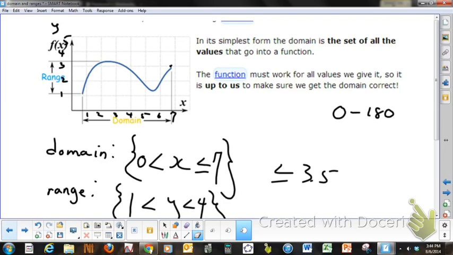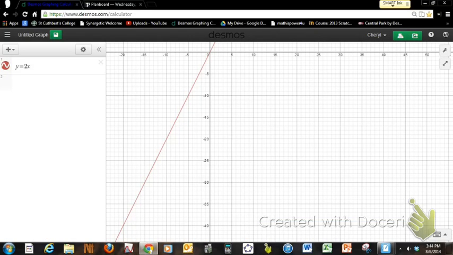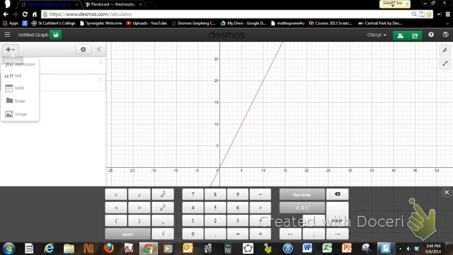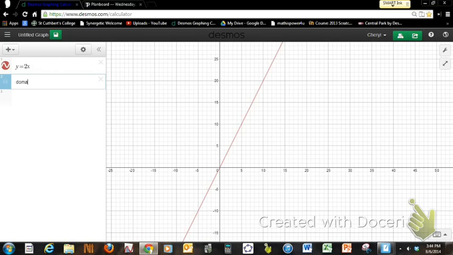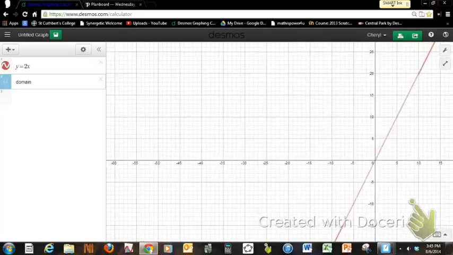Now, just to give you an idea of how this all works, let's take a real quick look at Desmos, where we have a linear function graphed, y is equal to 2x. When you're talking about the domain, which is all your possible x values, in this particular case there are no restrictions on what x can be. X can be negative, it can be positive.